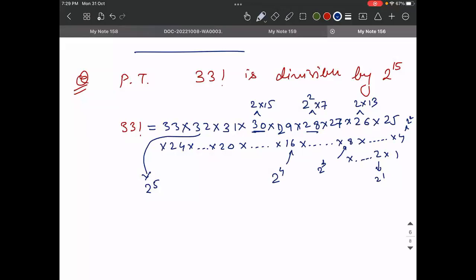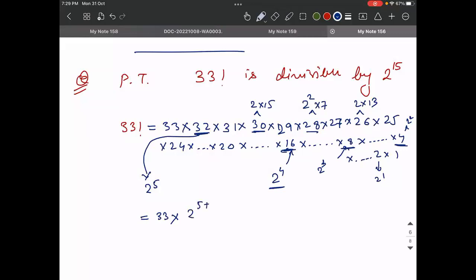Now just add these powers, 5 plus 4, because we are multiplying. If we are multiplying these, we can add the powers, right? We don't need the 15 itself; the product will be a multiple of it. So we can write these numbers as 33 multiplied by 2 to the power of 5.